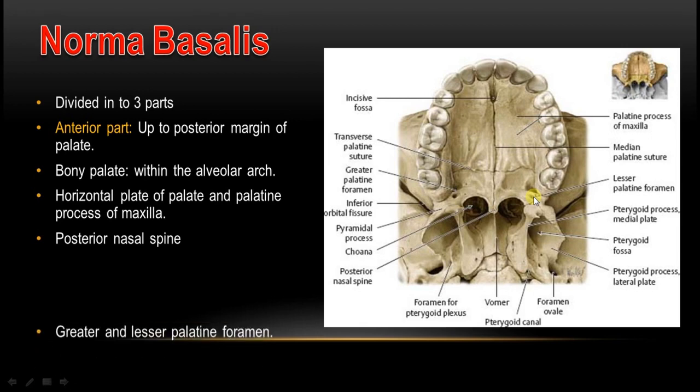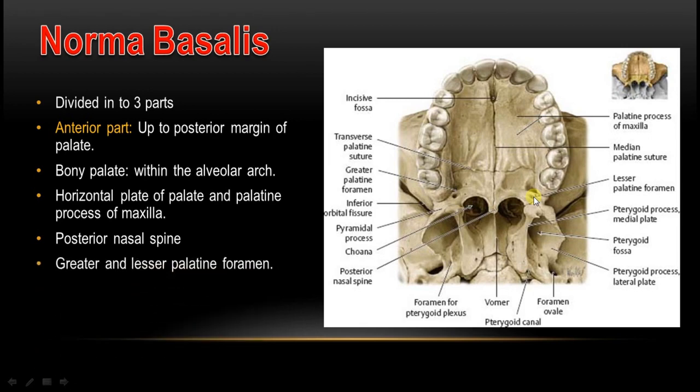They are usually two in number. They also transmit the vessels and nerves of the same name. Then of course I have told you about the incisive fossa. So that is about the anterior part of the Norma basalis.